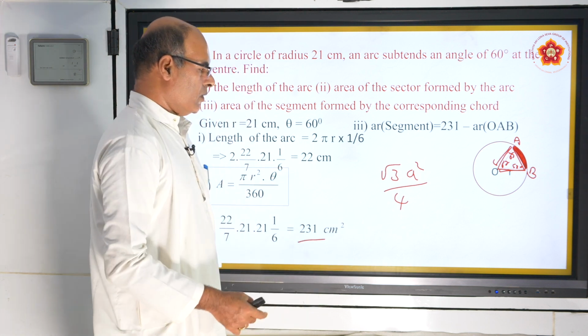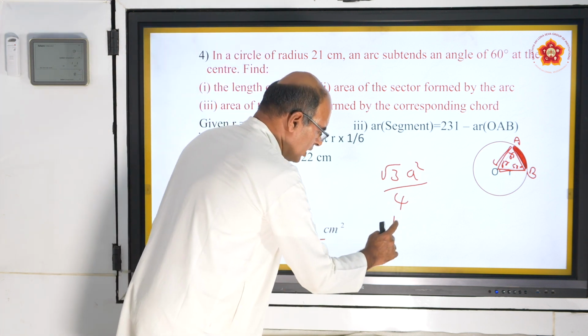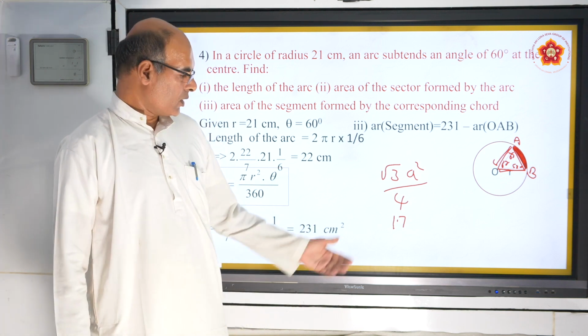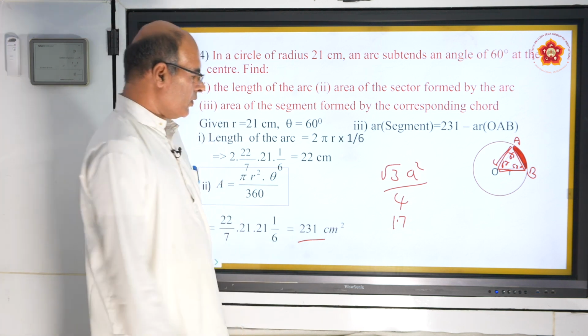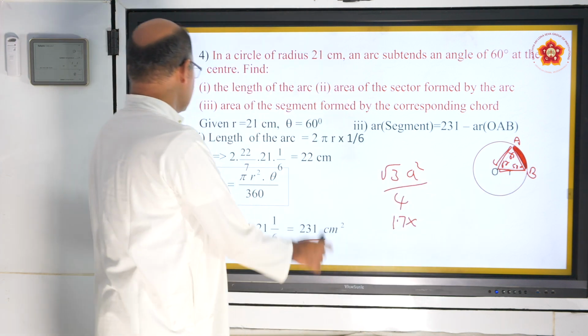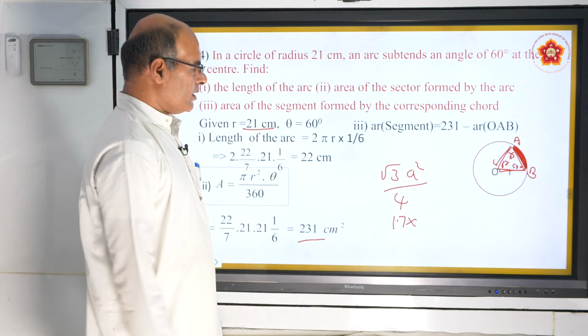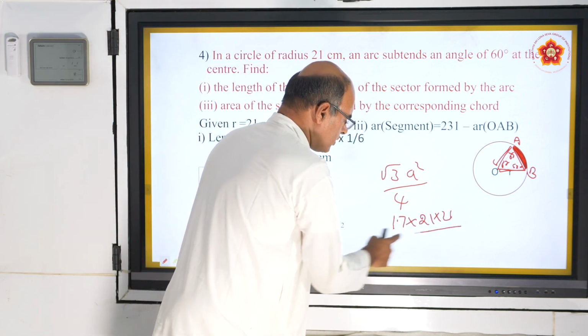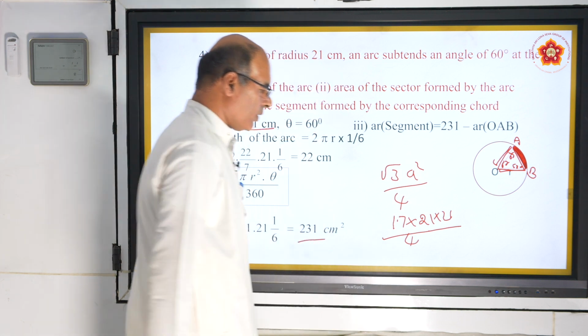Root 3 is approximately 1.73, into a, the length of the side, that is the radius of the circle, 21 into 21, divided by 4.